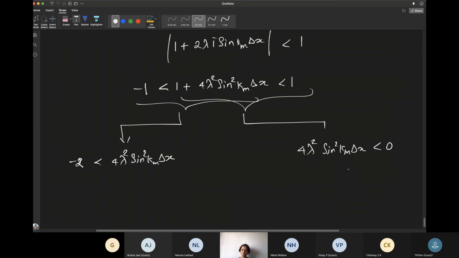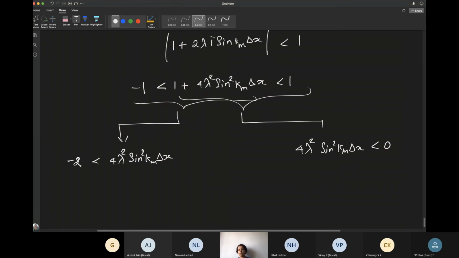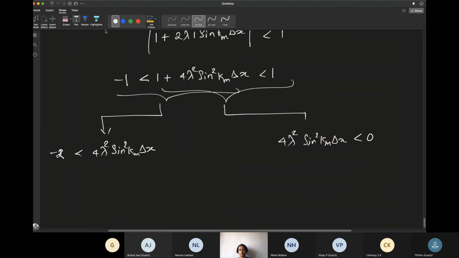So here you want the quantity on the left to be less than 0. This is possible if the maximum of this quantity is less than 0, then all of the other quantities will obviously be less than 0. So I'm writing a maximum of 4 lambda squared. If the maximum of this is less than 0, obviously others will be less than 0.